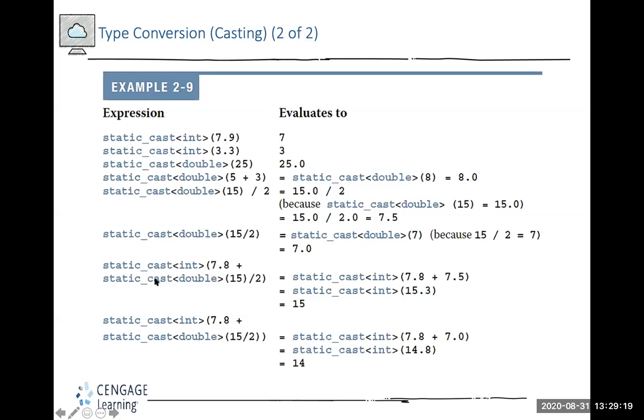Here in this expression, you have a value of 15. That's an integer by default as a literal. And then you cast that to a double and use that in the expression. Then this whole expression becomes a double as the result. And you're converting that to an integer. And this is kind of how that comes out. The result of that is 15.